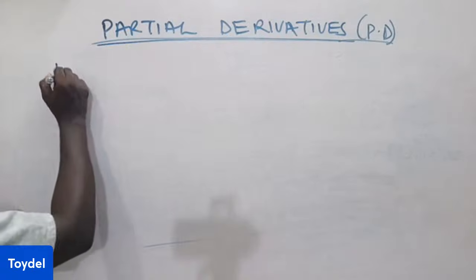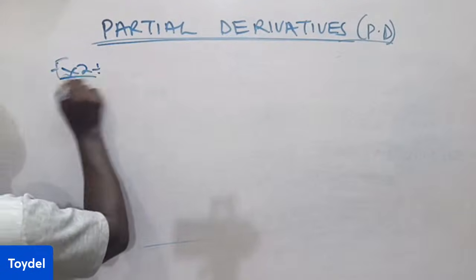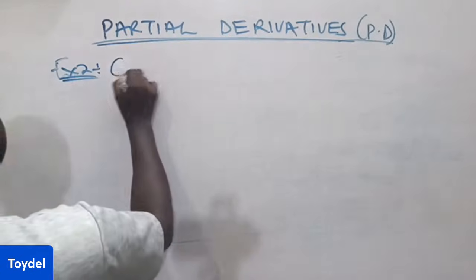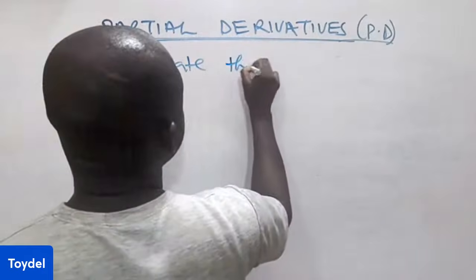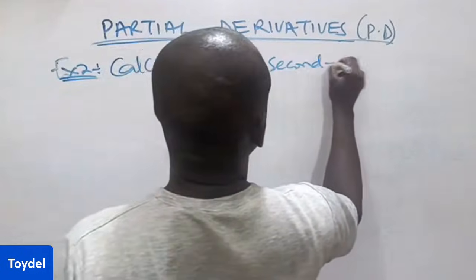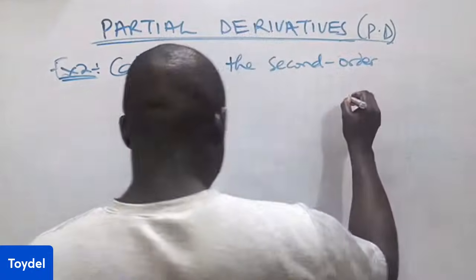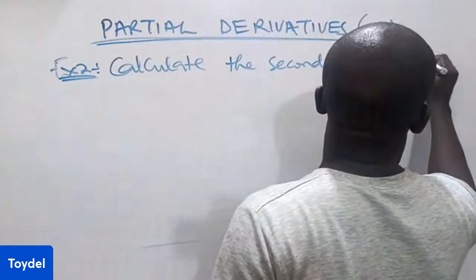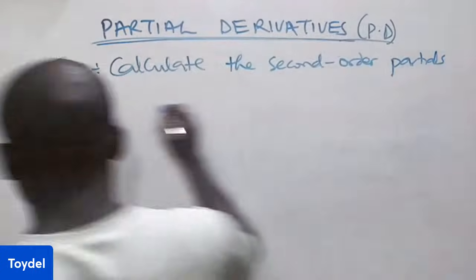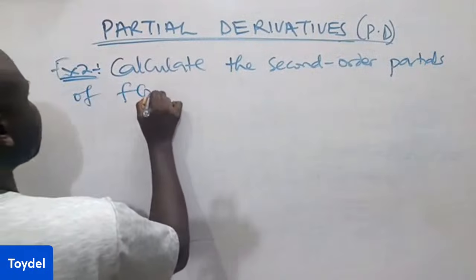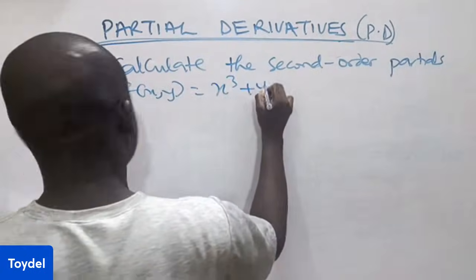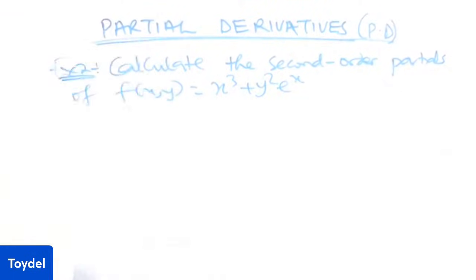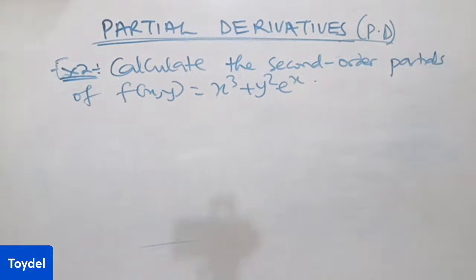Example 2, where we are asked to calculate the second order partials of f of x comma y equal to x cubed plus y squared e raised to x. So we have to find the second order partials of this function.